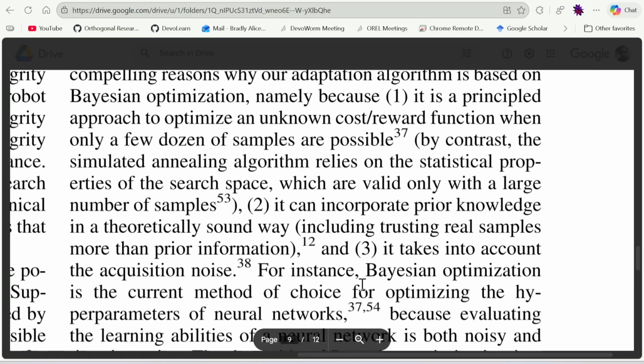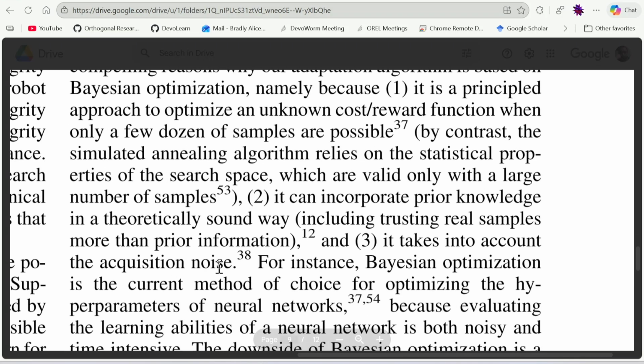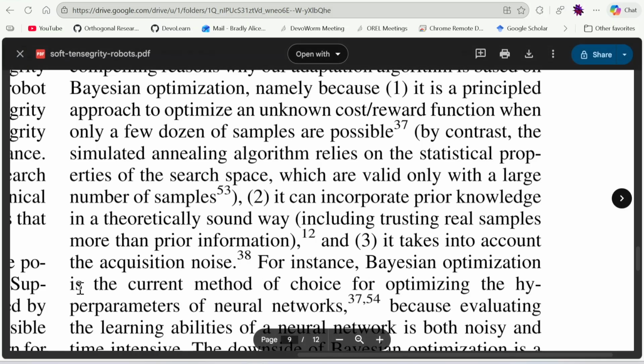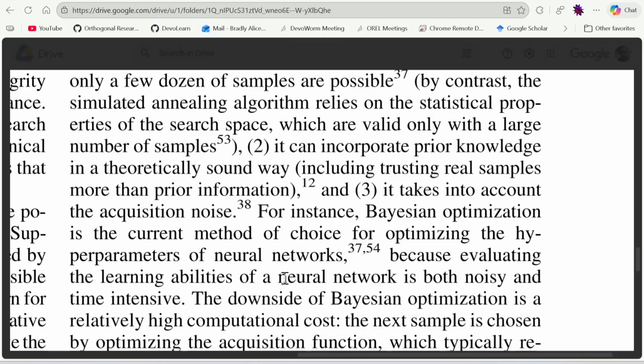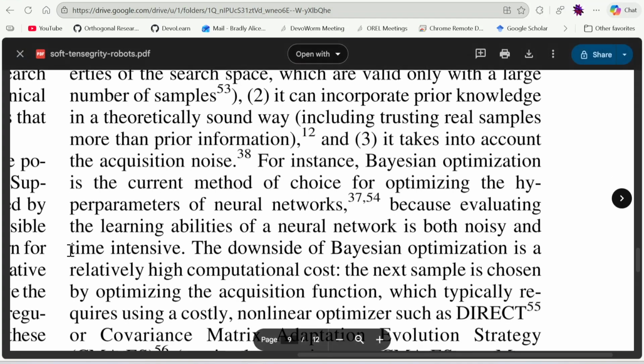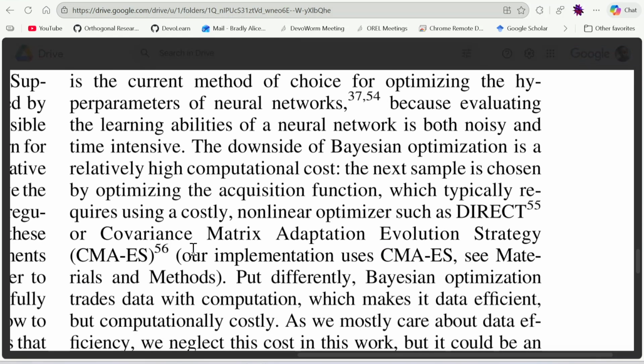And three, it takes into account the acquisition noise. Bayesian optimization is the current method of choice for optimizing the hyperparameters of neural networks, because evaluating the learning abilities of a neural network is both noisy and time intensive. So they're making a case for this.